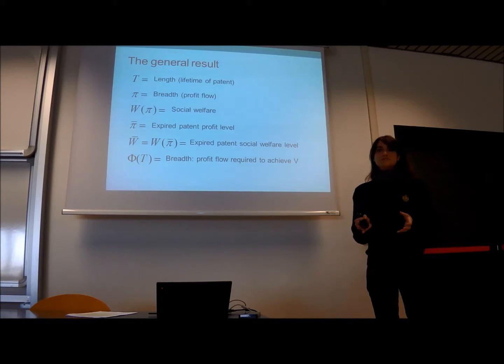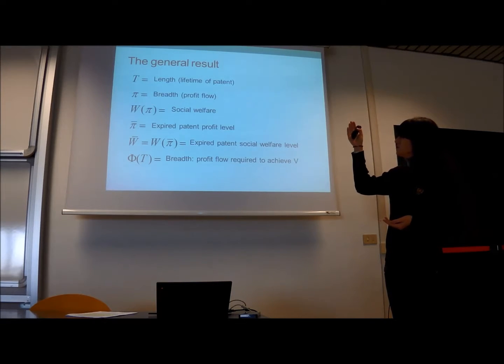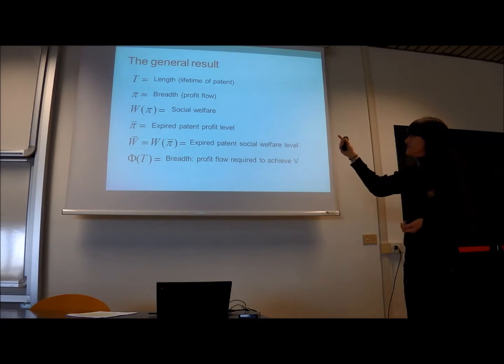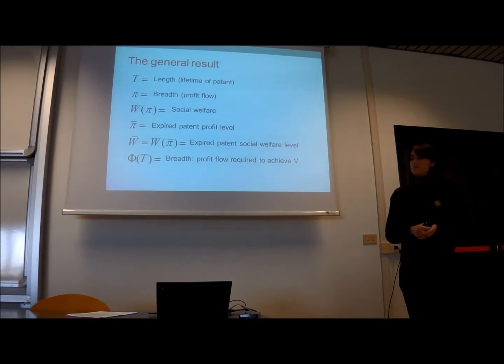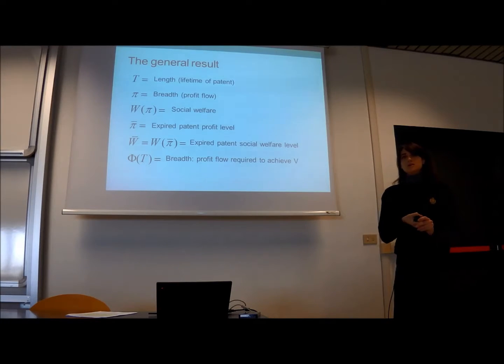So this main result is achieved by this model, where T is the length, so the lifetime of the patent, P is the breadth, the profit flow, as I said, and the social welfare is a negative function of the profit flow of the patentee, which is a critical assumption, because we are going to assume that there is a deadweight loss linked to increasing patent profits over welfare.